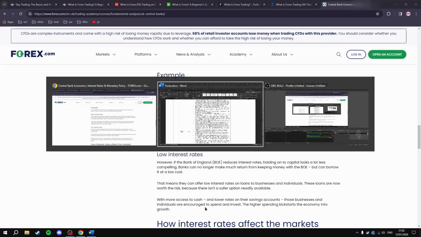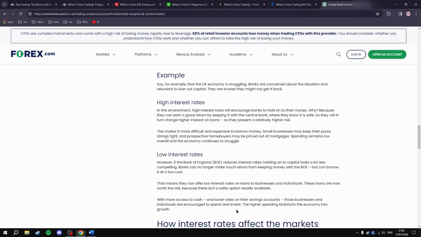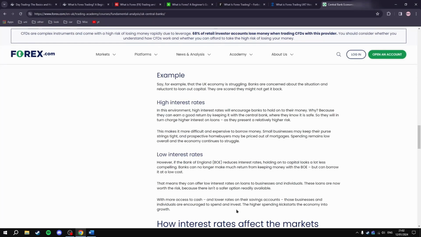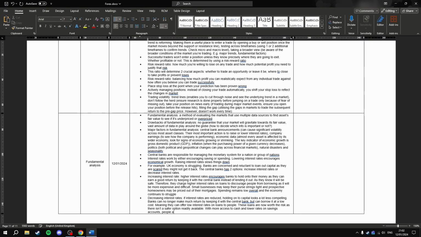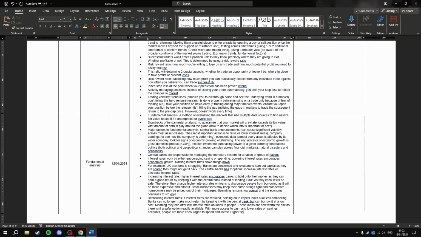With more access to cash and lower rates on savings accounts, people are more encouraged to spend and invest. Higher spending kickstarts the economy into growth.